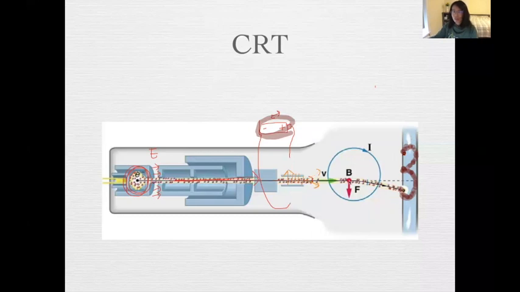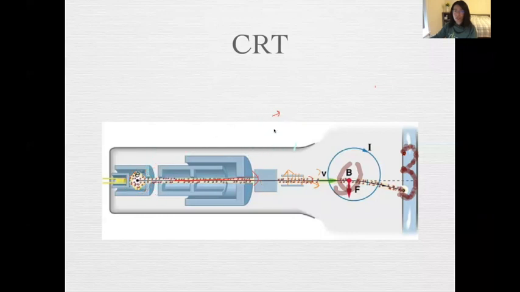Another way to control electrons is by magnetic field. You can also tune the magnetic field to make your particle turn. And when you make your electrons turn, you can control the electron and make it go wherever you want it to go. All right.